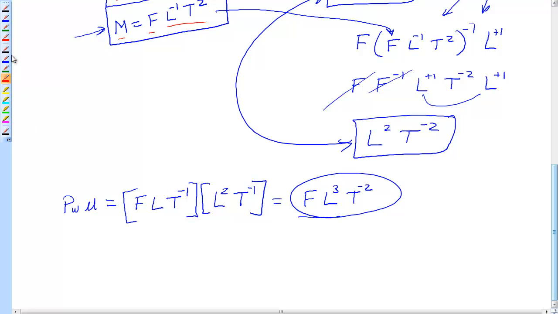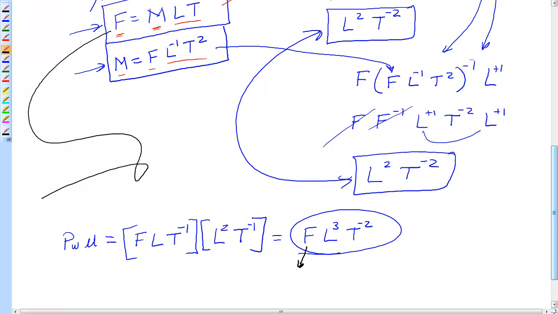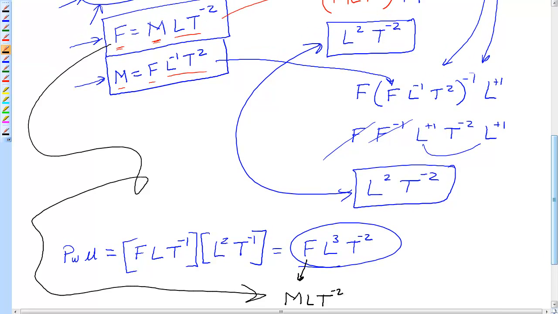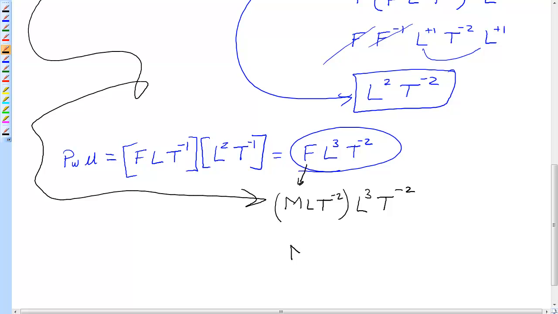Now the next key is, how do you replace that with a mass? That's where you reach and grab this, put it in here, mass, length, time to the minus 2, we'll grab from up here, times length to the third, time to the minus 2. Okay, so you end up with mass. There are 4 of those now, and there are 4 of these.